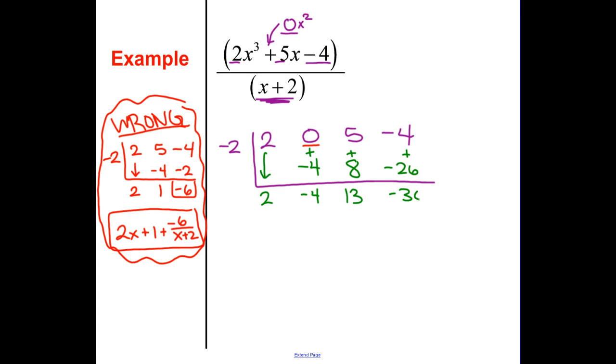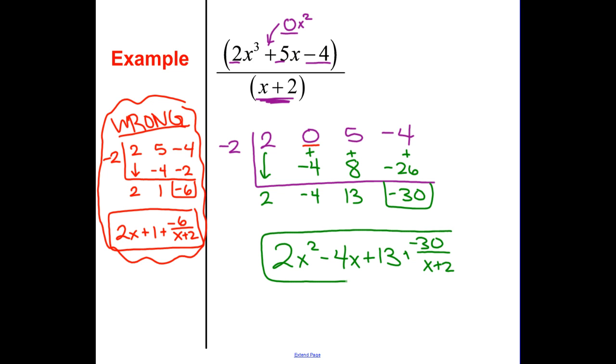Add those, we get negative 30. So our actual solution to this is 2x squared minus 4x plus 13 plus negative 30 over x plus 2. There's our actual solution.